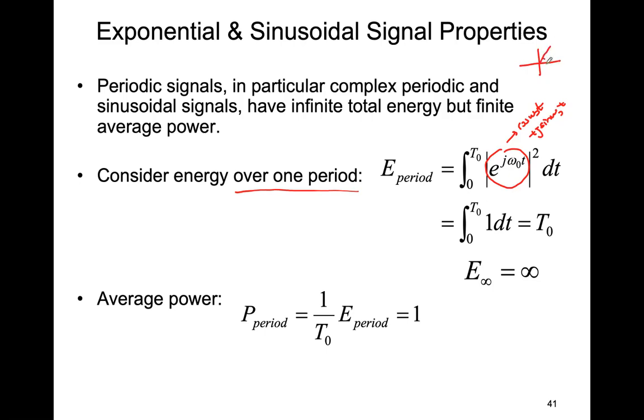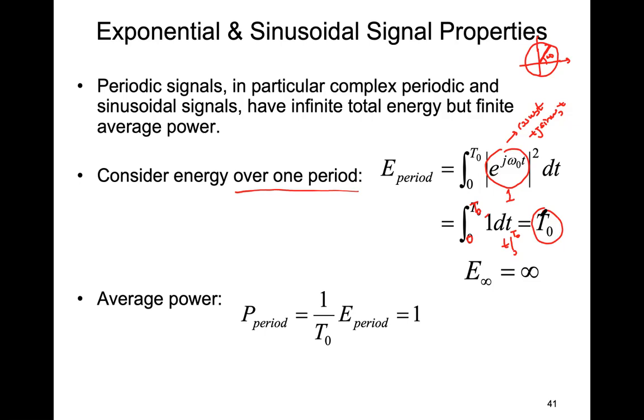This is omega 0, and I'm turning around this unit circle, and always my amplitude is going to be 1. The magnitude of this periodic complex exponential is always 1. So if I take the square of it, it is still 1, always 1 from 0 to T0. If I take the integral, it will be t from 0 to T0, and my energy over one period will be equal to T0.